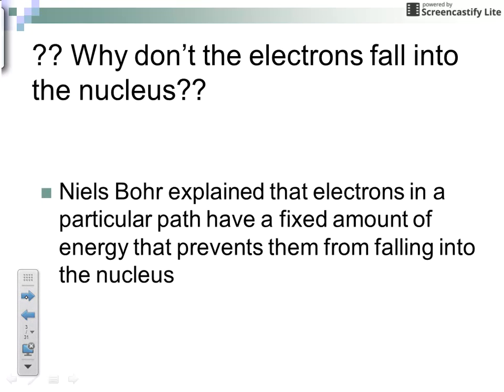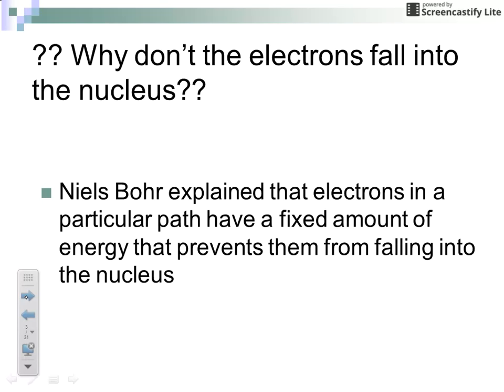So this was sort of conflicting information among physicists back in the day when Rutherford proposed that the protons were in the nucleus and the electrons were surrounding it in the electron cloud. Because the question that a lot of physicists were coming up with was, this doesn't make any sense.